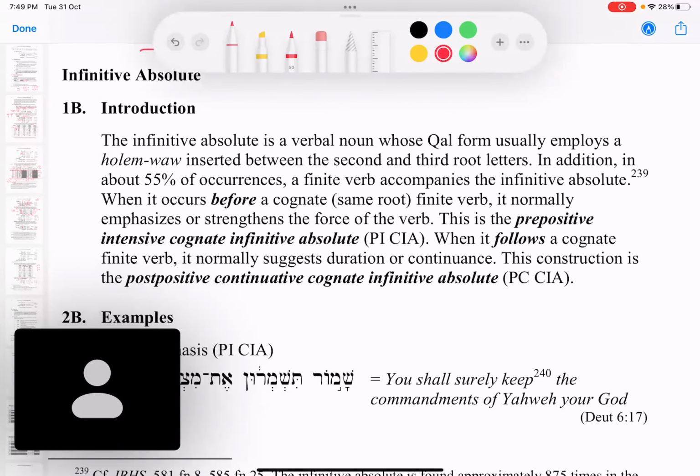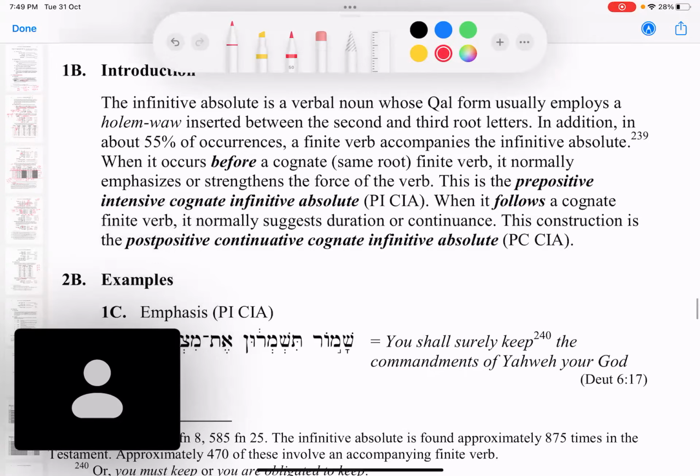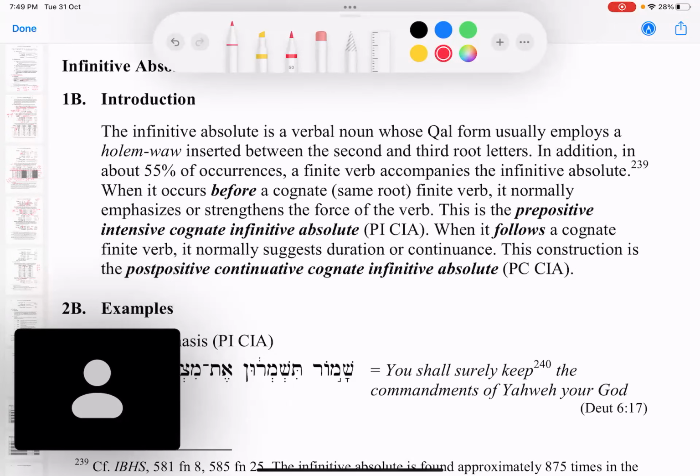See, in biblical Hebrew, the infinitive absolute is most probably used in Qal form, and it employs a holum wow inserted between the second and third root letter.